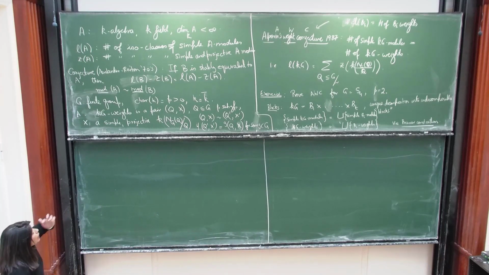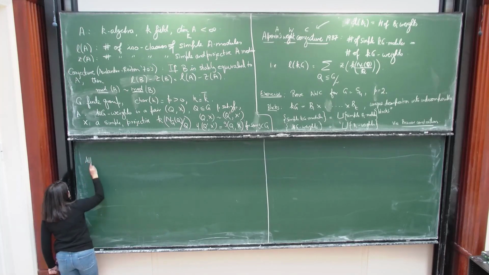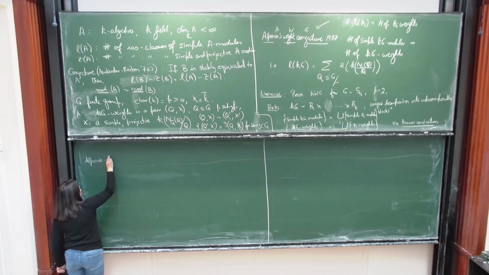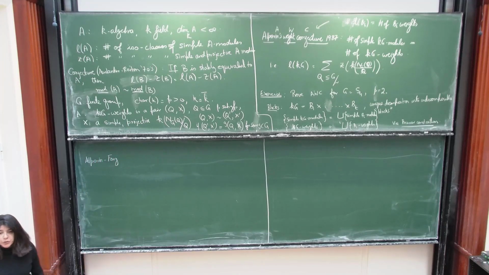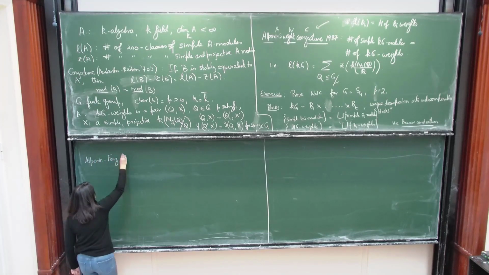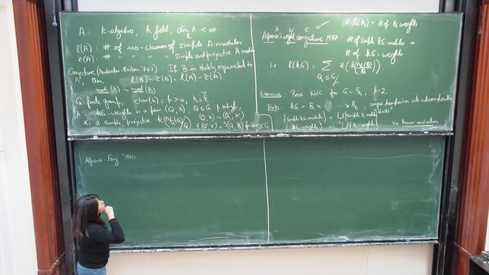Okay, so what do we know about this? Quite a bit now about the conjecture, but I want to point out one of the first papers about this conjecture, which was by Alperin and Fong in 1990. I'll be referring back to this later.